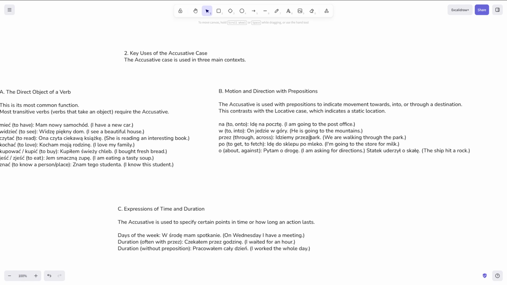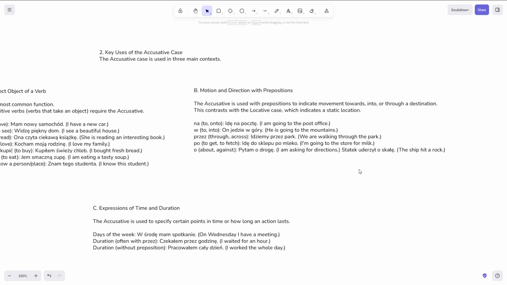The second thing is motion and direction with prepositions. There was a bit of confusion in the last video, that in English, "to" can be used not only to signify the recipient of the action, but also the direction.